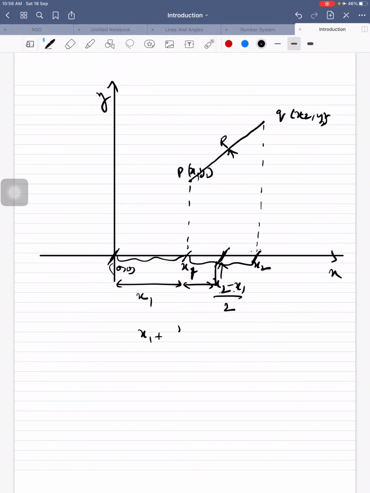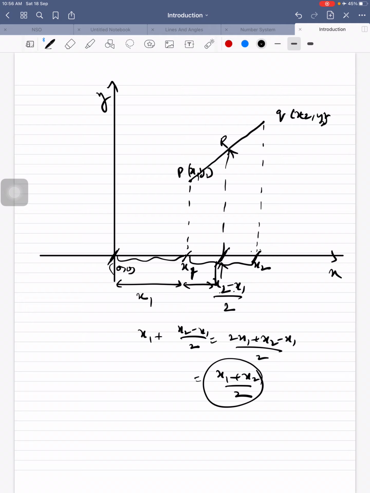So this becomes 2x1 plus x2 minus x1 by 2. This is x1 plus x2 by 2. So this x point on the x-axis is x1 plus x2 by 2, comma, like that.